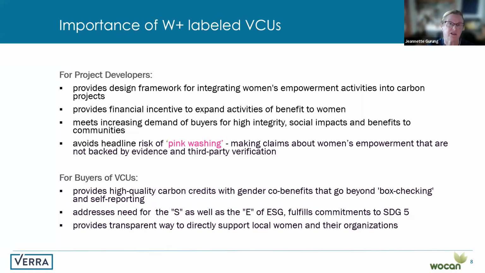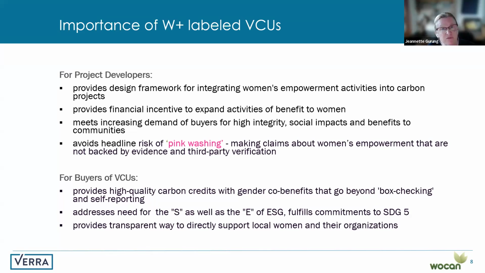We need to see what's going on at the field level, and we also have a process of third-party independent verification that is done not by the usual VVBs doing carbon verification, but by verifiers who can measure social impact and have enough knowledge of gender equality and women's empowerment to make adequate verification statements.